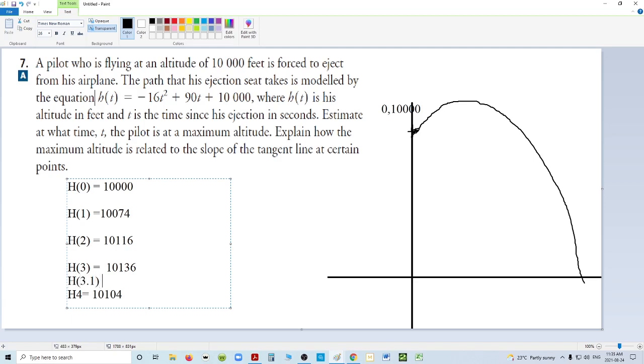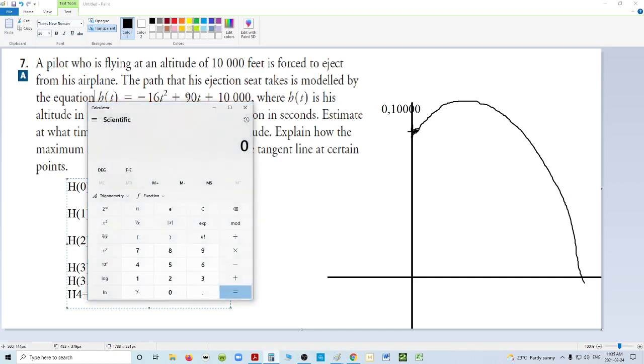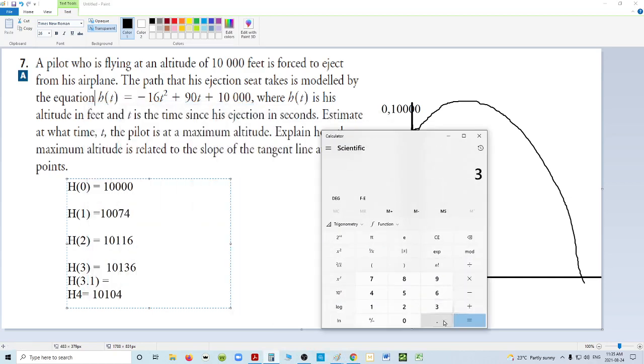3.1, if we put 3.1, we've got to do, and this is where Desmos is easier. Well, we'll do the calculator. So we do 3.1 squared times negative 16. In case you don't know what I'm doing, I'm just plugging that number into t, wherever I see it in the equation, plus 90 times 3.1 plus 10,000.